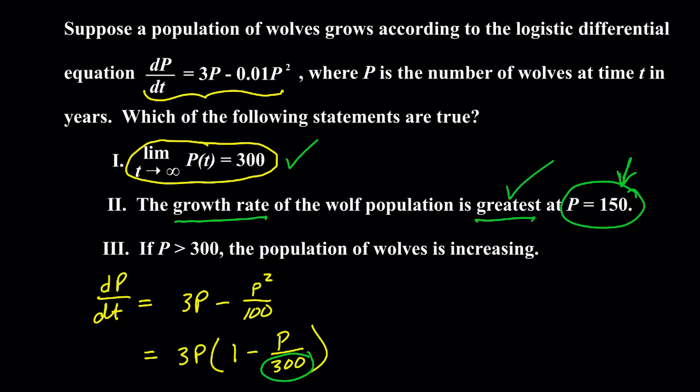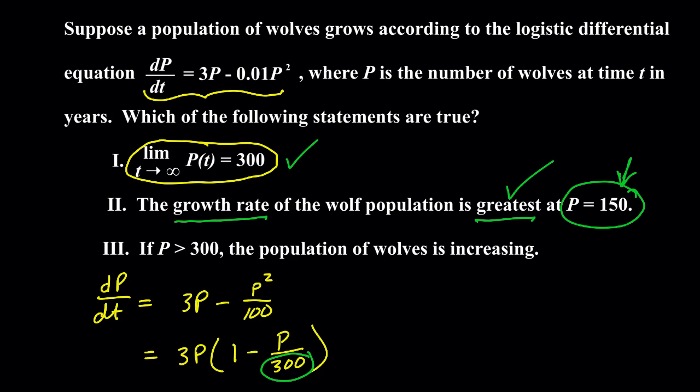And part 3 says if P is greater than 300, the population of wolves is increasing. Well, if your carrying capacity is 300, that means that's the total number of wolves that your region can handle.